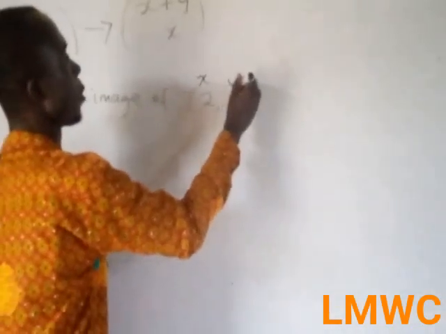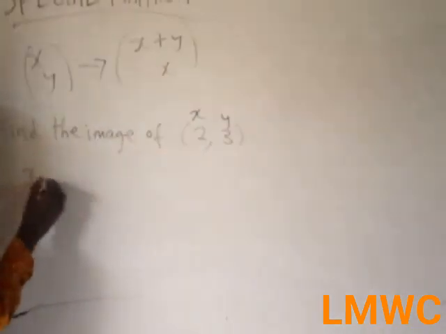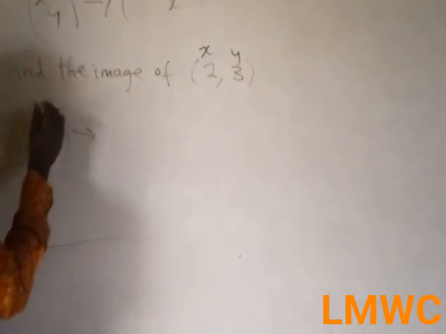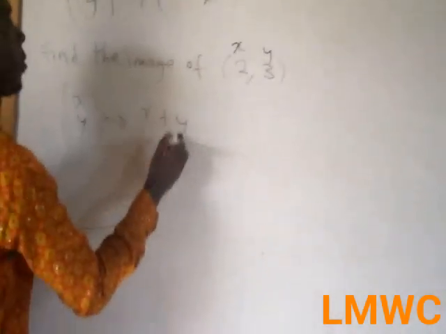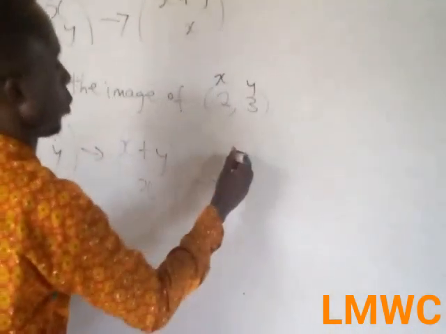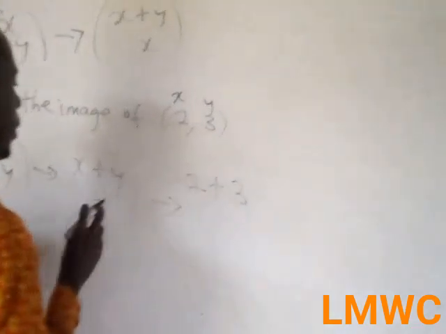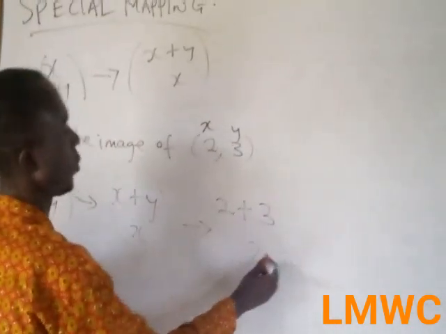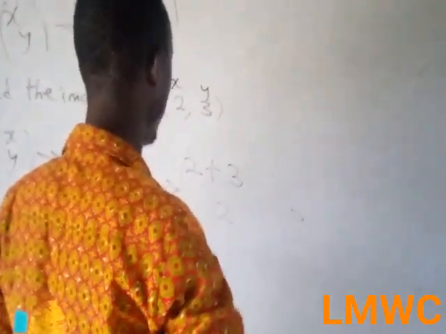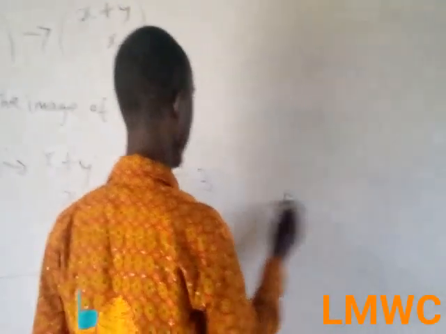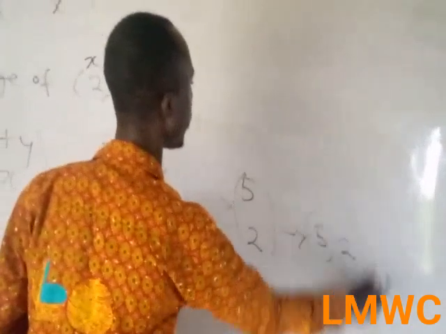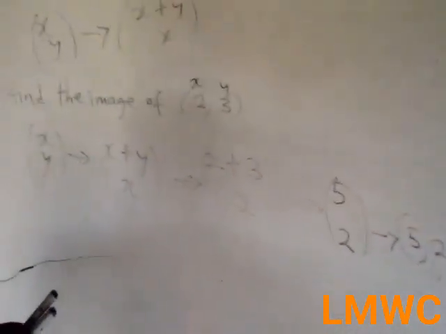This is x and this is y. Now the formula is (x, y) maps to (x + y, x). What is our x value? 2. And y is 3. This x is 2. So 2 plus 3 is 5. We have our top value as 5 and bottom value as 2. So it's (5, 2). In special mapping, you will always be given the formula.